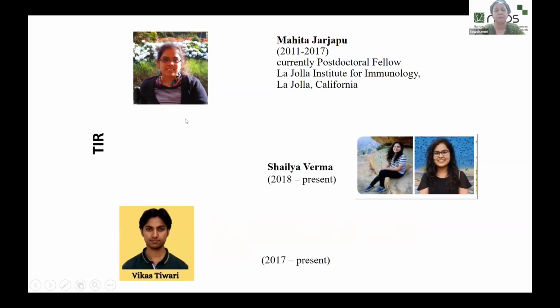The first part was presented by Mahita, who's currently a postdoctoral fellow in the Institute for Immunology in California. The second part, on the TIR domain, was presented by Shailya Verma, who's a current PhD student. And the third part, on the full length TLR10, was presented by Vikas Tiwari, who's also a student presently in the lab.